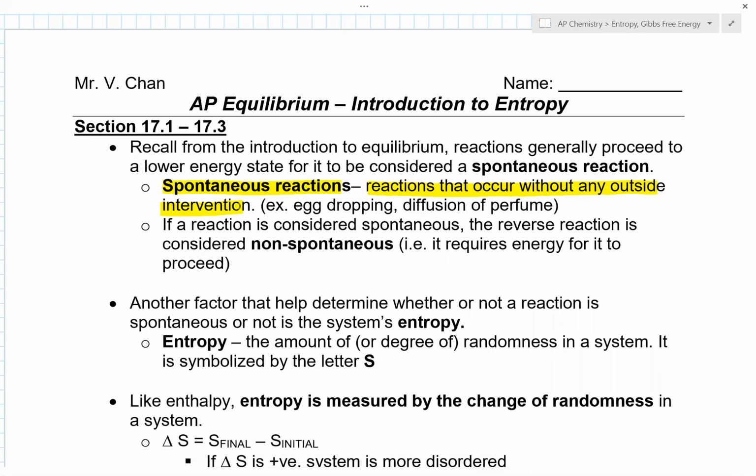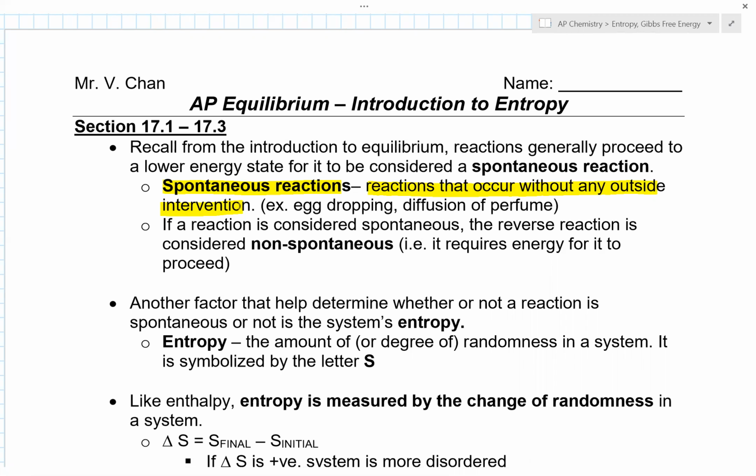If you left a bottle of perfume out, it will naturally disperse without you having to do anything. Same thing with an egg: if you roll an egg off a table, it will naturally drop. That's a spontaneous reaction.